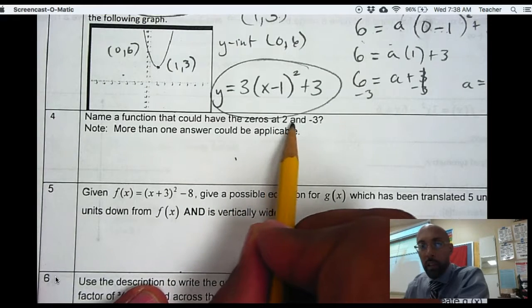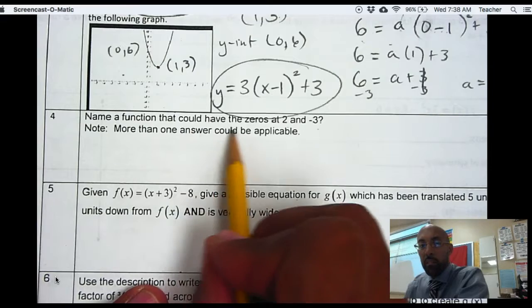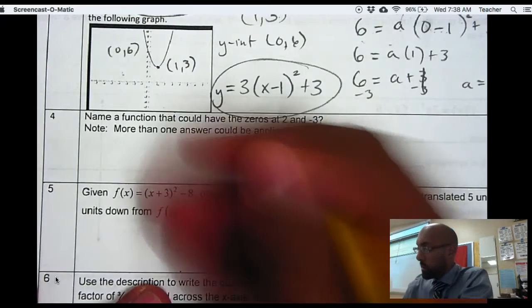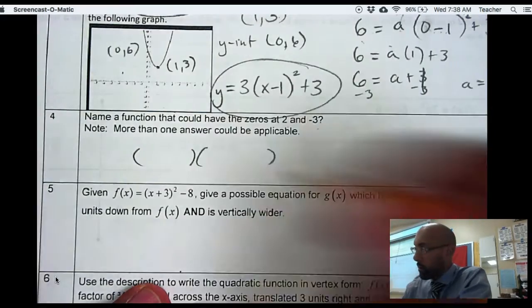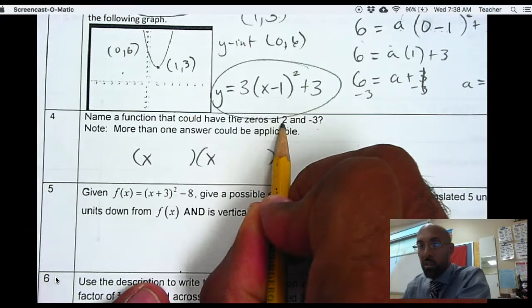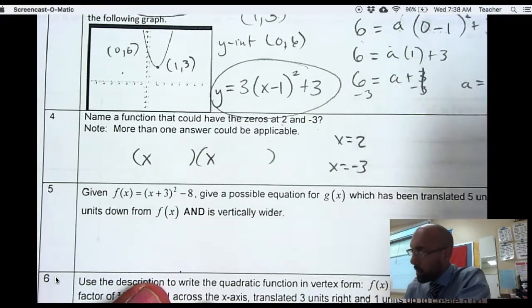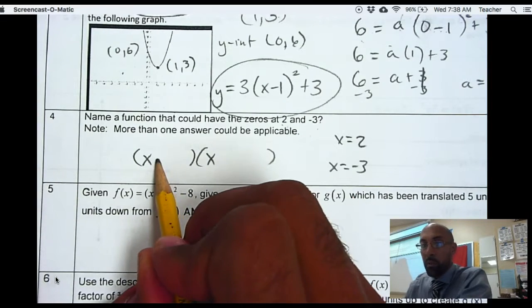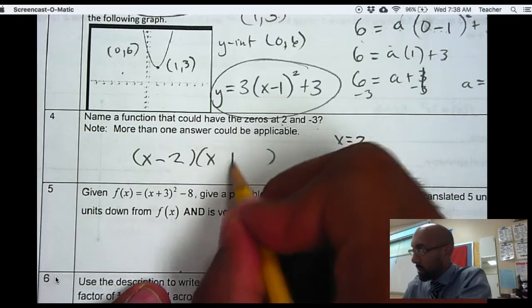Okay, so now name a function that could have the zeros at 2 and minus 3. More than one answer could be applicable. All right, so let's think about it this way. If I had the factors written out, and I had x here, if a zero is 2, in other words, x equals 2, and x equals minus 3, remember x is a liar, so this wouldn't be plus 2, this would say minus 2, and if that's negative 3, this would say plus 3.